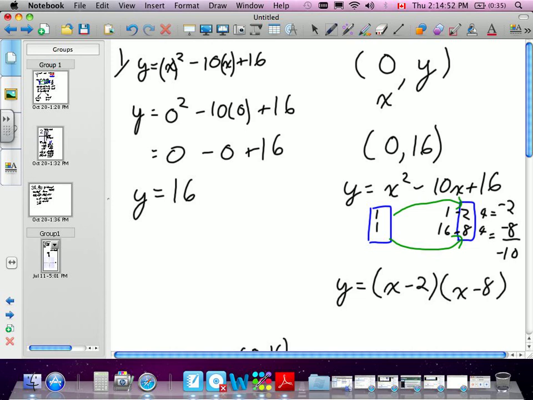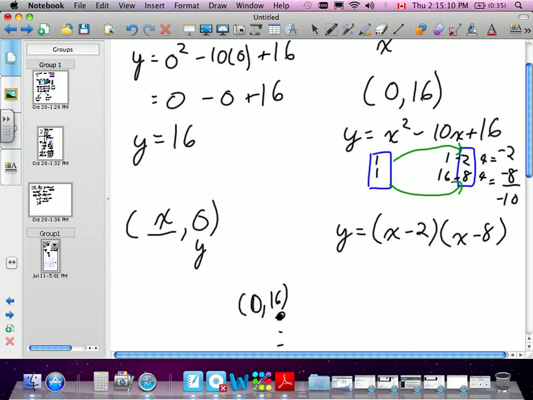From factored form, same idea as our Y-intercept, for our X intercepts, our Y value has to be 0. So what that means is I'm going to substitute 0 in for Y. And then I'm going to solve these two equations. In order to solve them, I set each of them equal to 0.